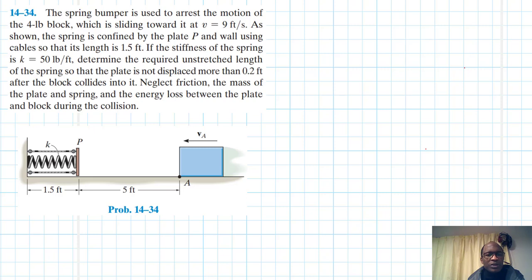If the stiffness of the spring is K equal to 50 pounds per feet, determine the required unstretched length of the spring so that the plate is not displaced more than 0.2 feet after the block collides into it. Neglect friction, the mass of the plate and spring, and energy loss between the plate and the block during the collision.